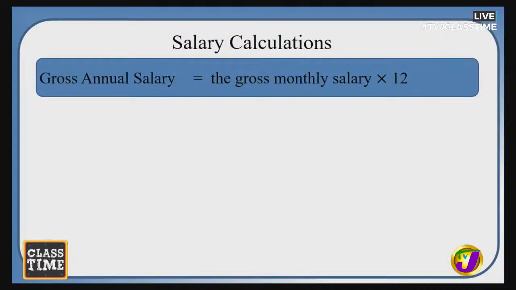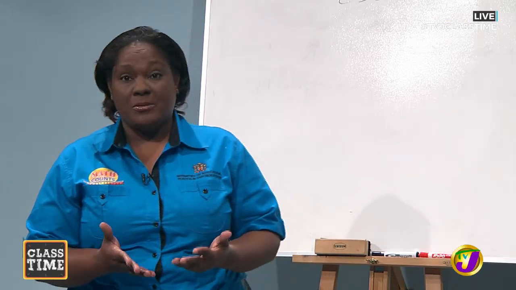Salary calculations. Here on the board, our gross annual salary is equal to the gross monthly salary multiplied by 12. Gross is the total, the sum without your deductions, without your insurance or savings being taken out. That's all that you would have been paid for the period.